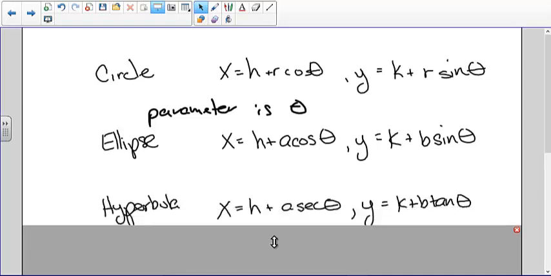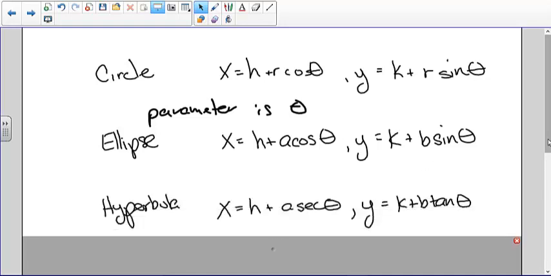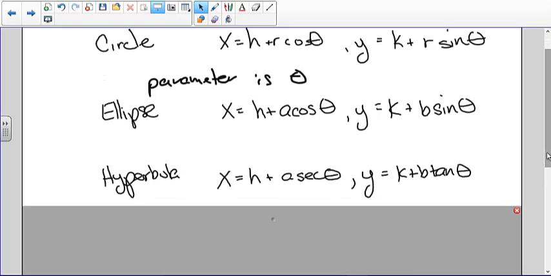Now for a hyperbola, you might have thought to use negative signs, but you don't use negative signs. You use the secant and the tangent, which is kind of interesting because we've been dealing with that in calculus. The cosine and sine go together and the secant and tangent go together. So hyperbola is x equals h plus a secant theta, and y is equal to k plus b tangent theta.